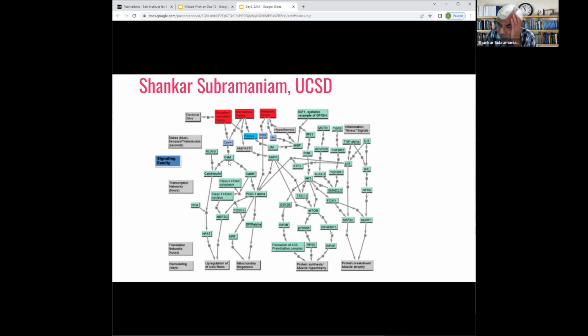You get calcium, calmodulin, calcineurin, these are calcium proteins. They in turn activate the class 2 histone deacetylase proteins in the cytosol. These then get transported to the nucleus, where they activate transcription factors and bind to chromatin.